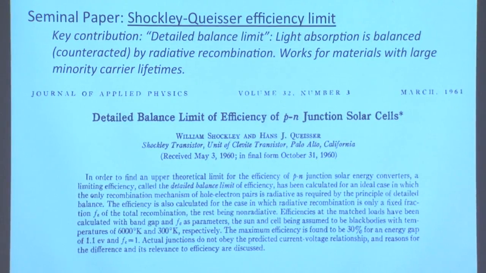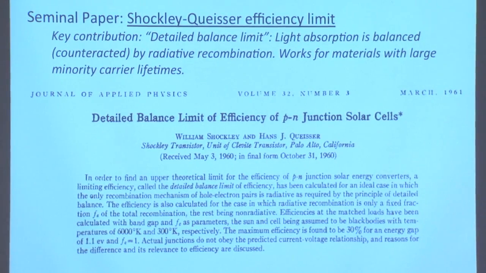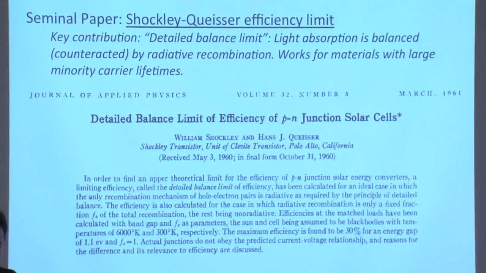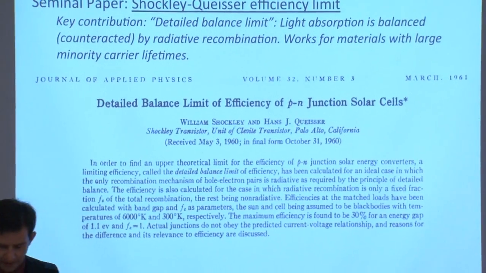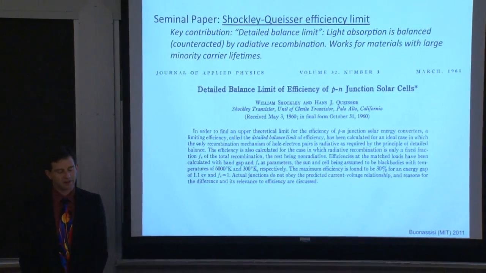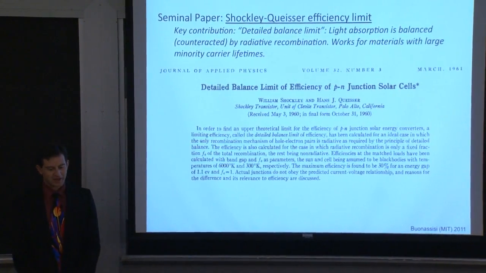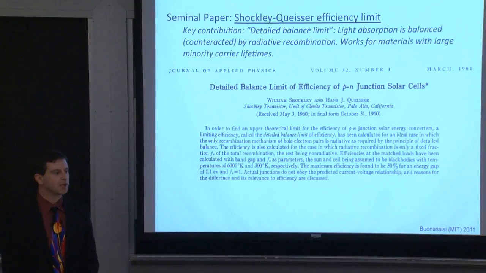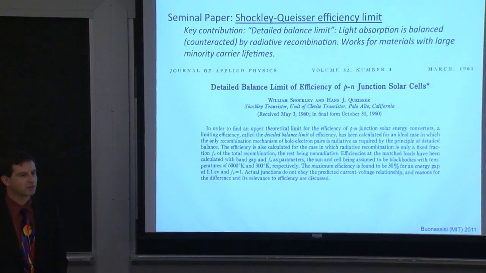Now, what a detailed balance model does is basically account for all of the photons coming in and out of the device. Through the photons, the electron-hole pairs are generated. This is assuming a very high quality material that does not have any form of recombination other than radiative recombination.